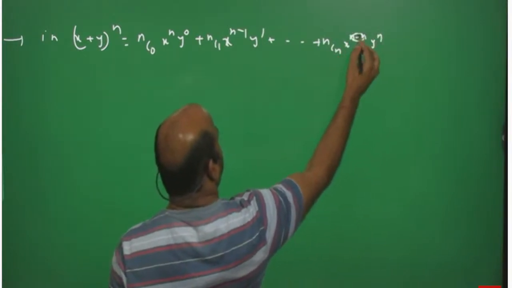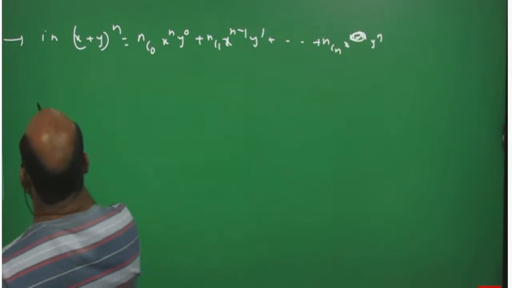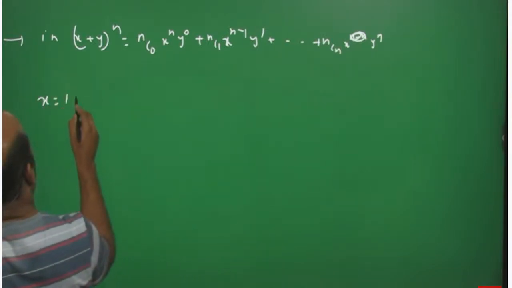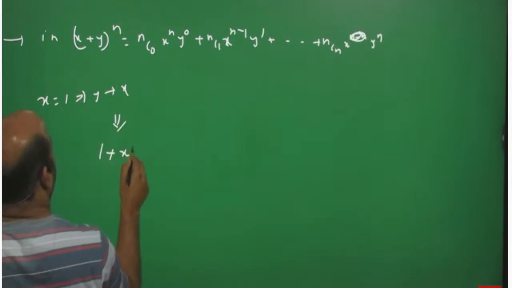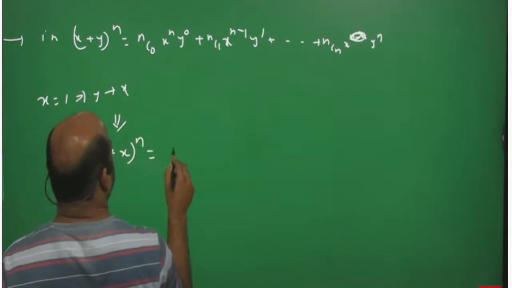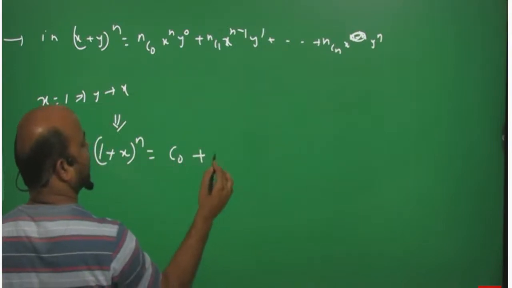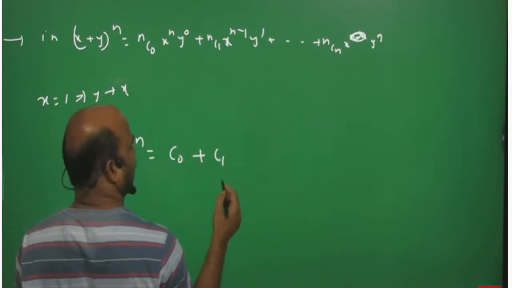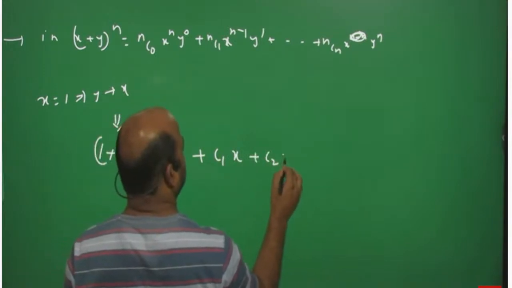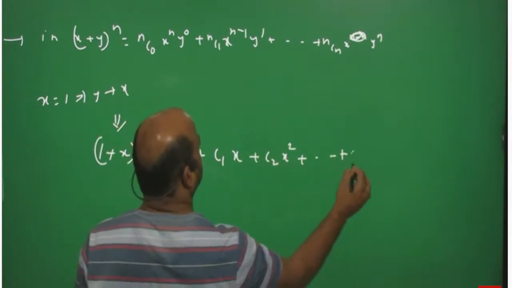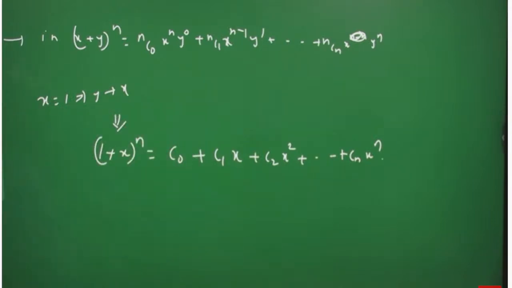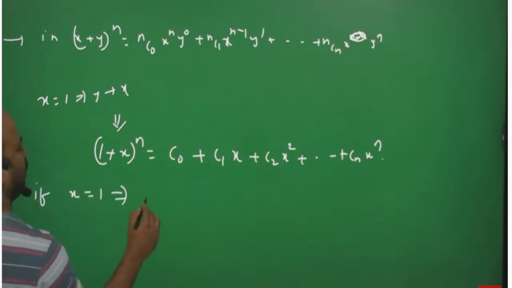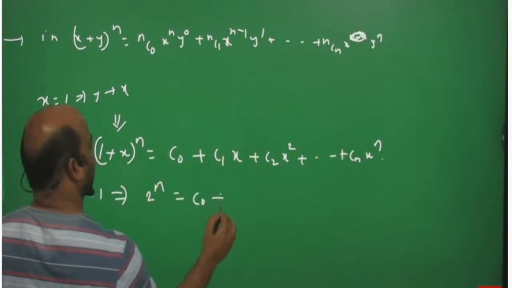Now, if I replace x with 1, y with x, then my equation will become (1 plus x) whole power n equals C0 plus C1 x plus C2 x squared and so on, Cn x power n. Clear? In this, if I put x equal to 1, what I will get? Sum of binomial coefficients.